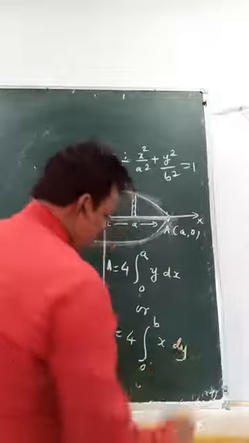So if you close with, this is your 0a. If you close with your y-axis, 2 parts, limit will be 0 to a, because you are closing with y-axis. This is not closed with x-axis. So x dy.